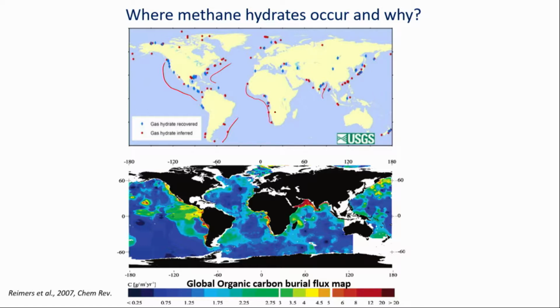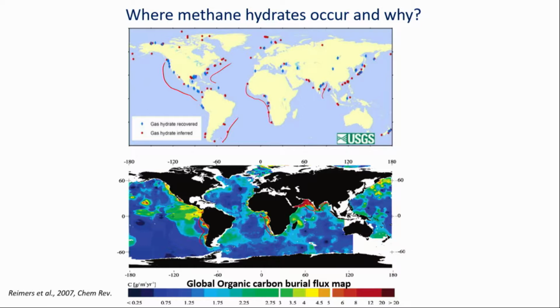Now the question is why these gas hydrate reserves or the deposits have been recovered or inferred from these shelf and slope regions. The reason is that if you look at the global organic carbon burial map, then you can see that in these regions only you have the maximum deposit of organic matter.